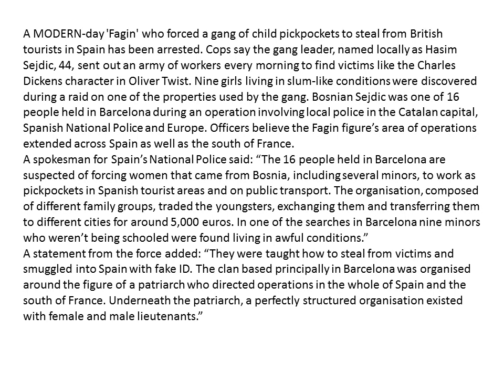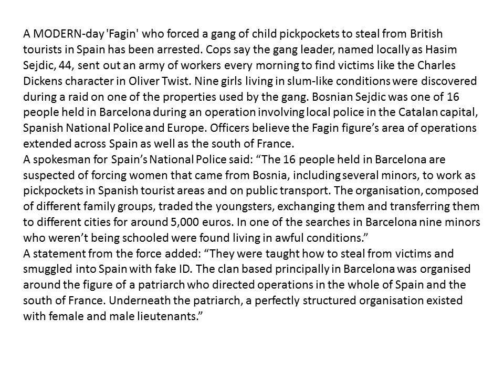The organisation, composed of different family groups, traded the youngsters, exchanging them and transferring them to different cities for around €5,000. In one of the searches in Barcelona, 9 minors who weren't being schooled were found living in awful conditions."